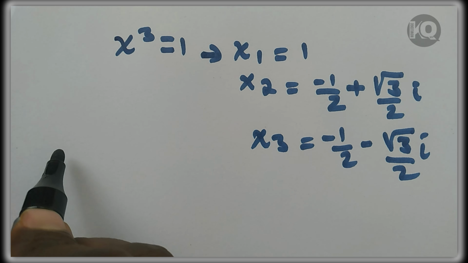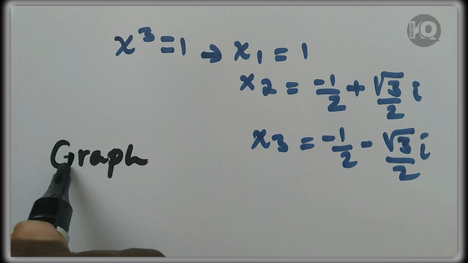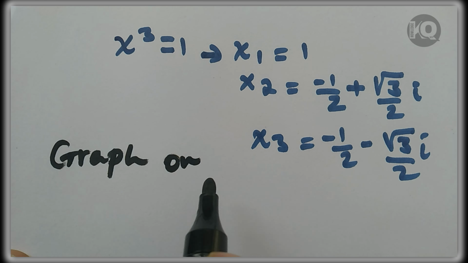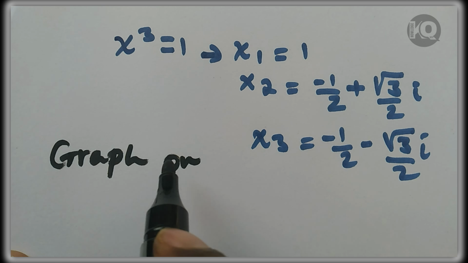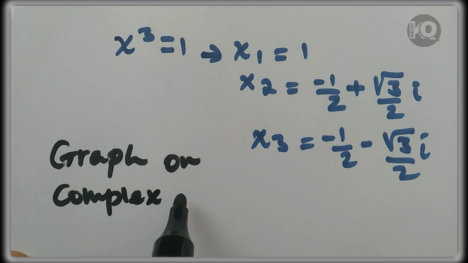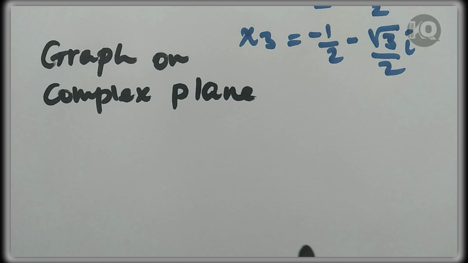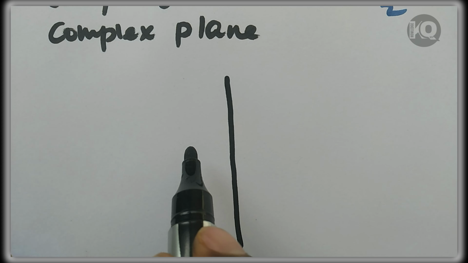So, graph on the complex plane. So we have a complex plane which is like this.